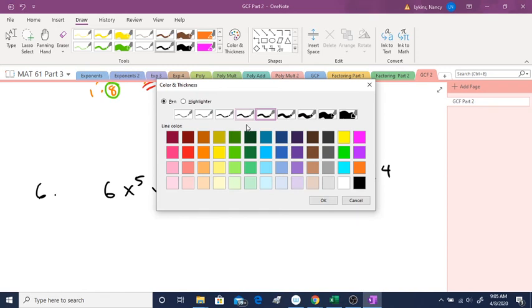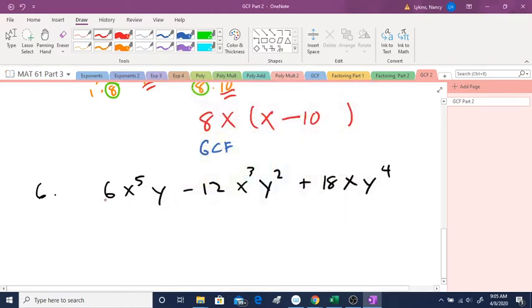The greatest common factor will always be outside of the parentheses. So let's take a look at this. 6. 6 goes into 12 and it goes into 18. So this means 6 is part of my greatest common factor.